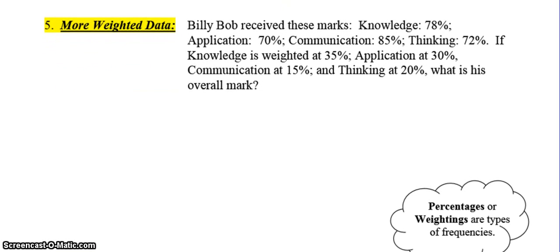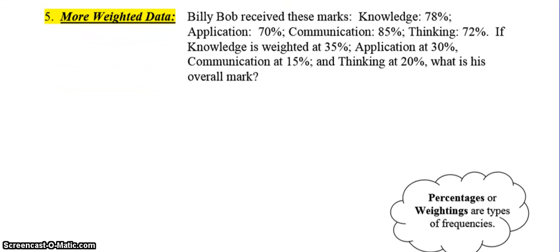Last type of question are questions where the frequencies are given as percentages or also called weightings. So if we were to make a table of values, our X values would be the mark, and our frequencies would be the weightings.